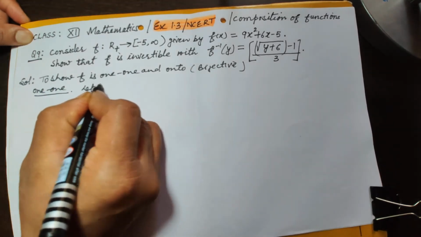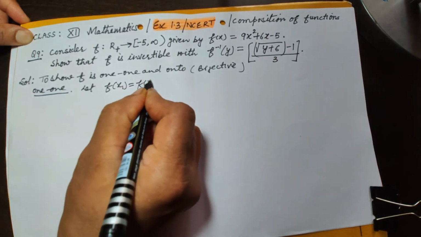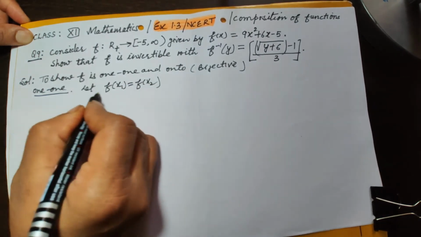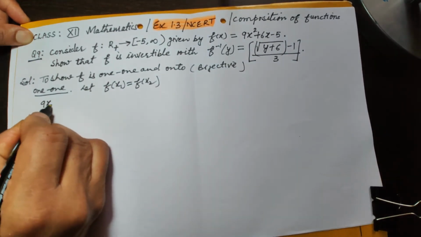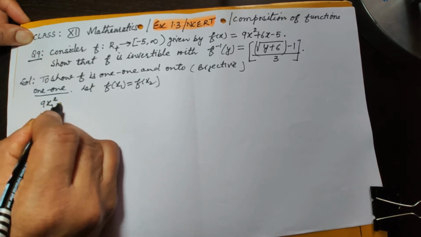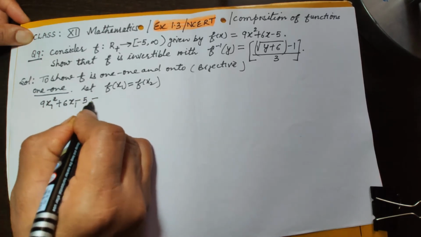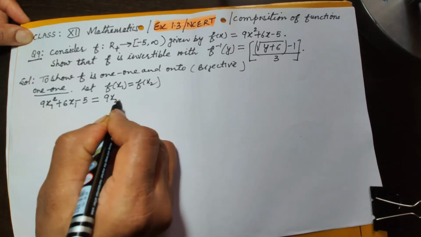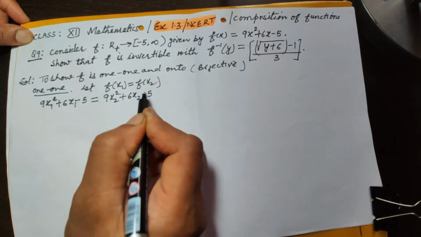Let f of x1 equals f of x2. How is the function defined? F of x is defined like this. So f of x1 would be 9x1 square plus 6x1 minus 5 equals 9x2 square plus 6x2 minus 5.